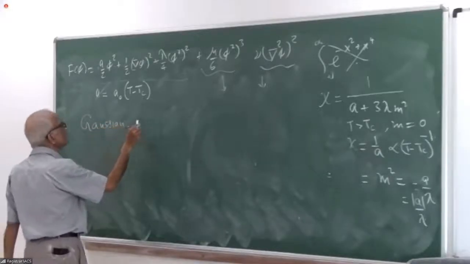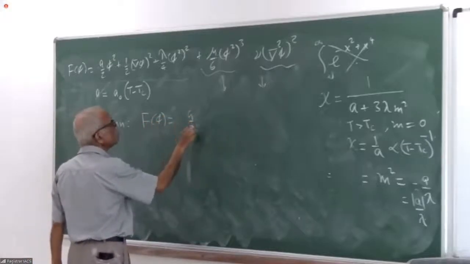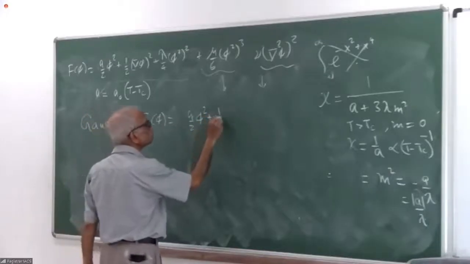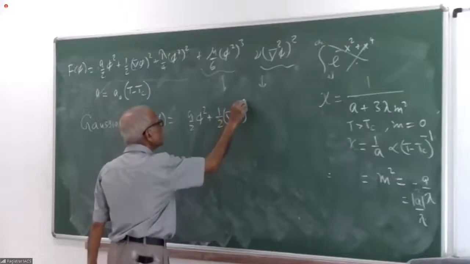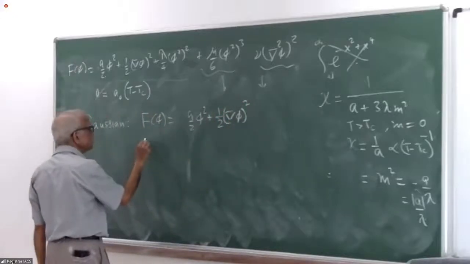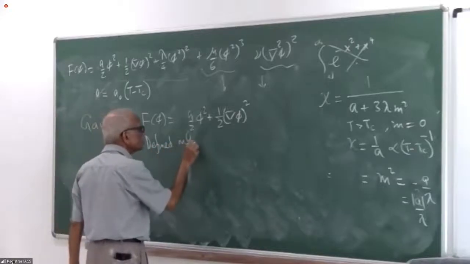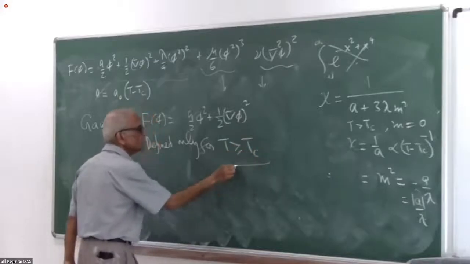The Gaussian model is determined by f of phi equal to a over 2 phi squared plus half grad phi squared, and is defined only for t greater than or equal to tc.